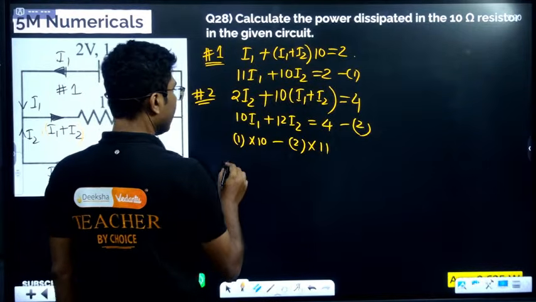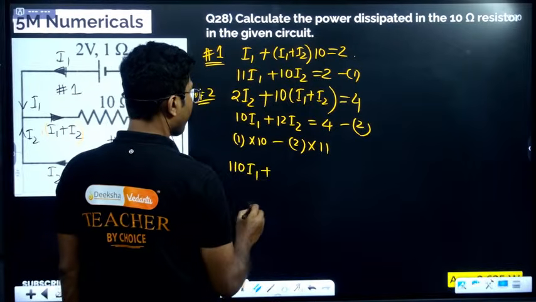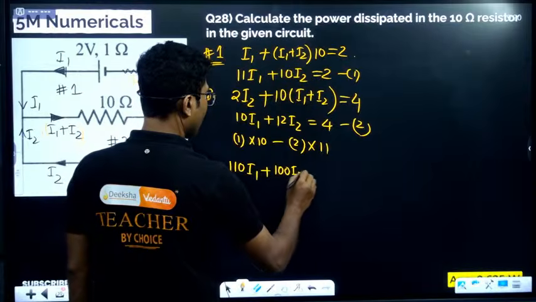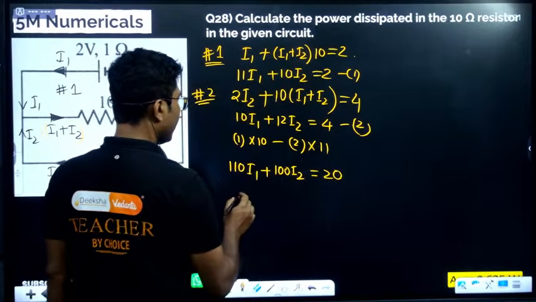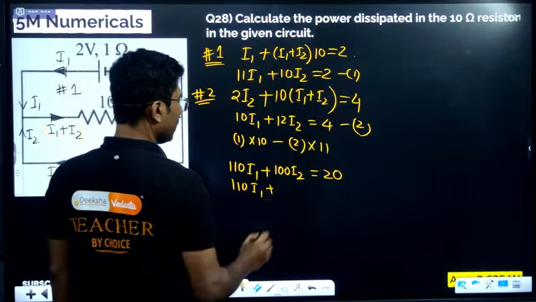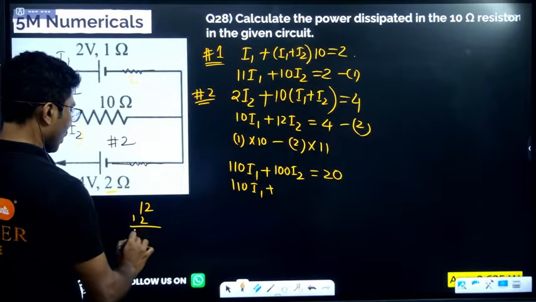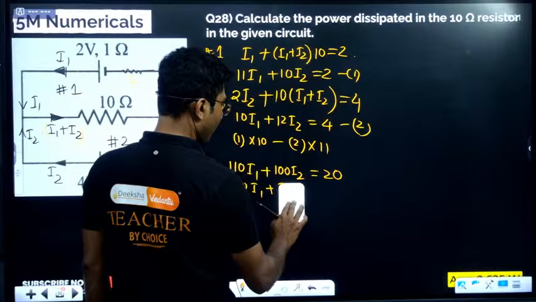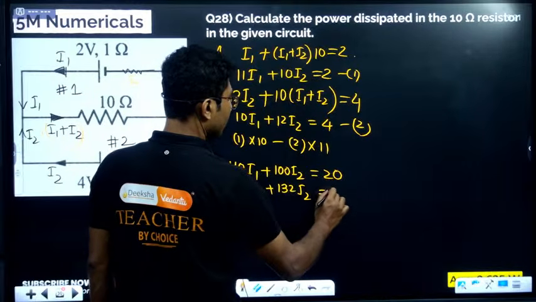So we get 110 I1 plus 100 I2 equals 20, and here we get 110 I1 plus 12 into 11, so 132 I2 equals 44.